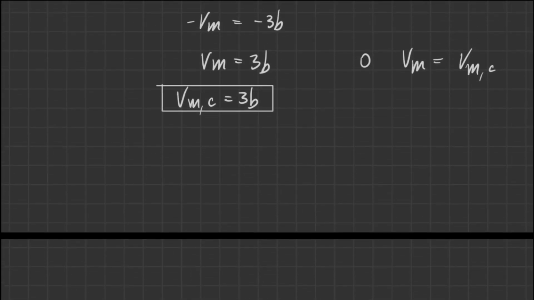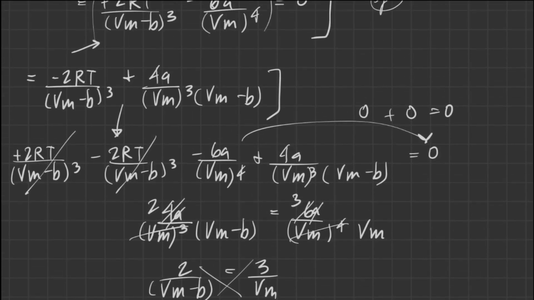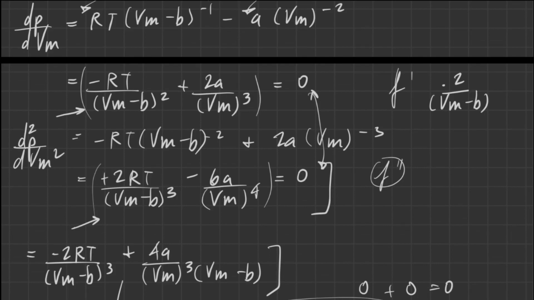Okay, so now that we have Vmc, what about Tc, or the critical temperature, and the critical pressure? Well, in order to find the critical temperature, we can plug in our value for the critical molar volume of 3b into either the first or second derivatives here. I'll choose the first because it's simpler to evaluate than the second.